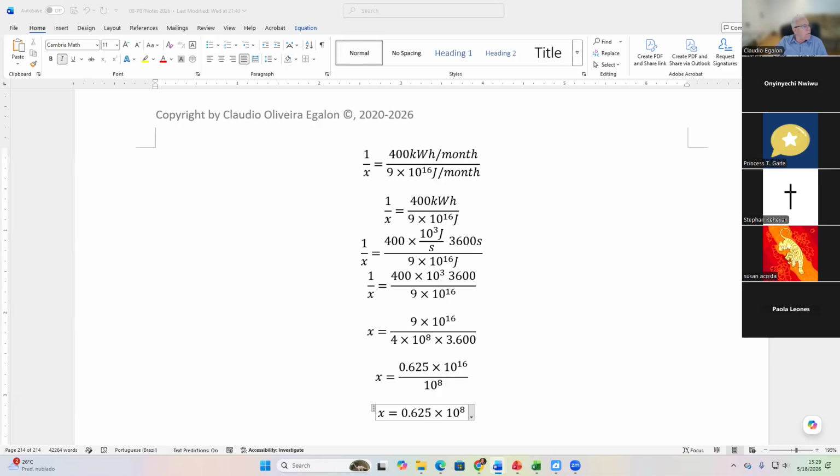Did I do the calculation right? Let's see if I did the calculation correctly. Yeah, I did it correctly: 62,500,000 houses.